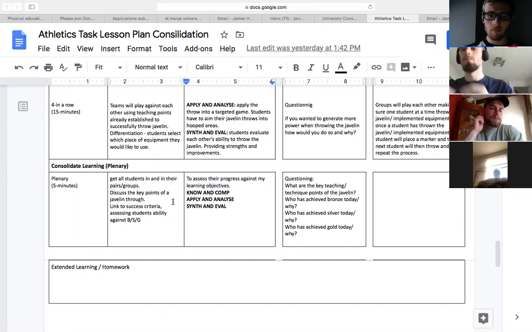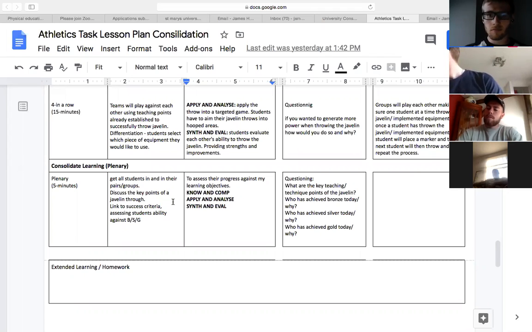As you can see throughout our session, we have focused on technique just through fun games. So what we're hoping to have is some element of competition throughout the whole games, and then we're able to rotate between teams should time permit us to do so.